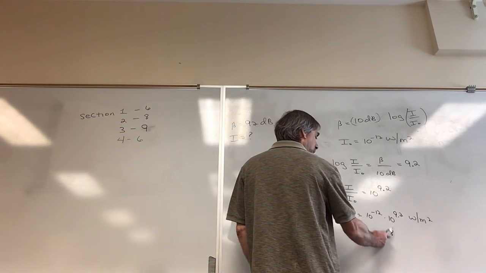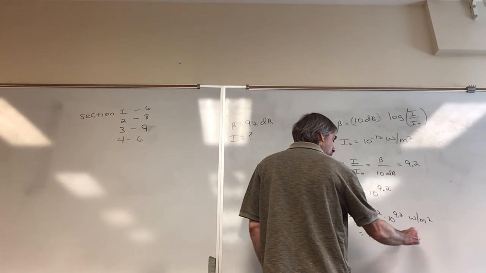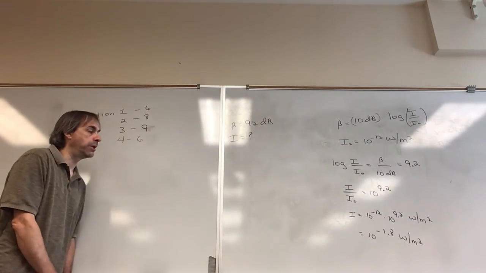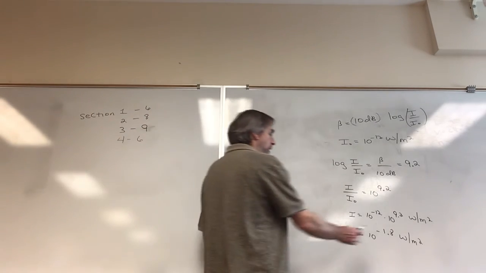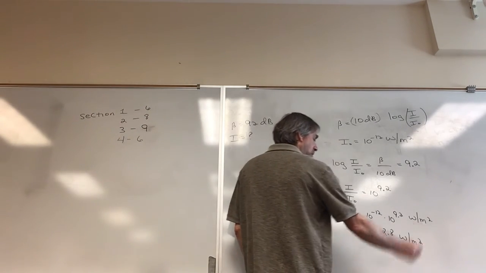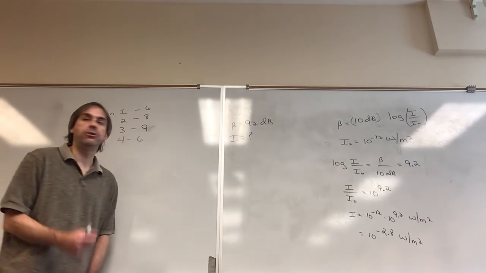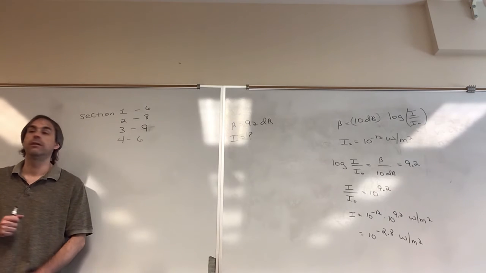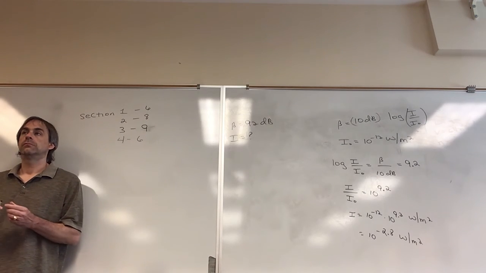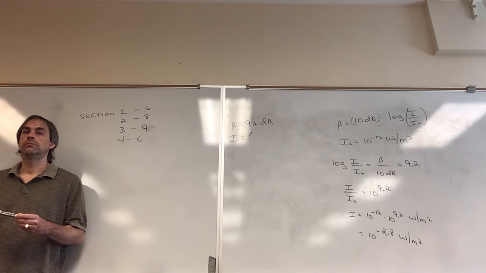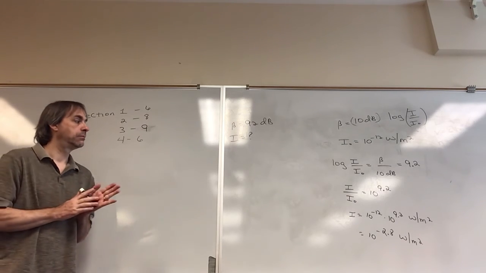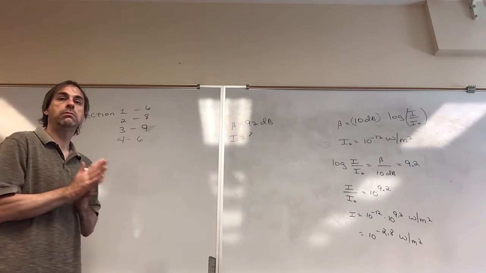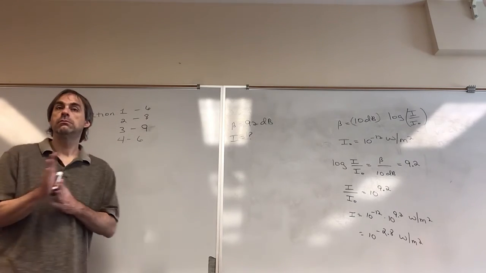Yeah, 2.8. So in your calculator, you could do 10 to the minus 2.8 or 1 over 10 to the 2.8. Could you just do 10 to the 9.2 and press enter, and then multiply it by 1 times 10 to the negative 12? Yes. Okay.